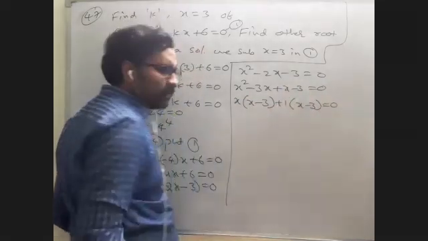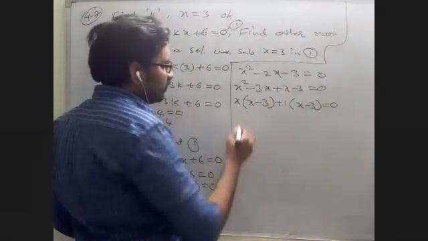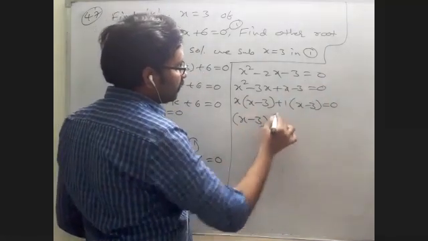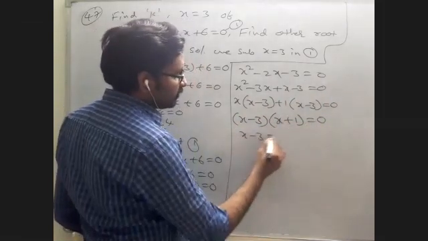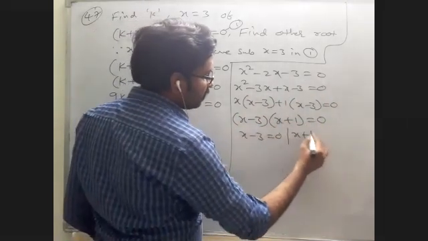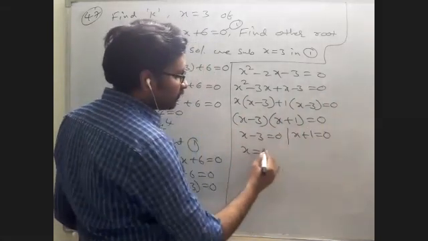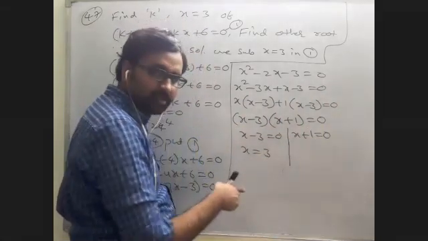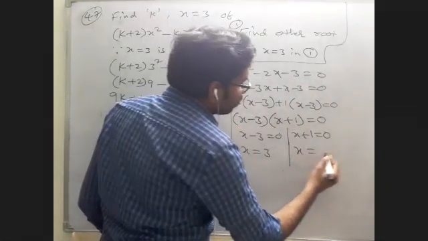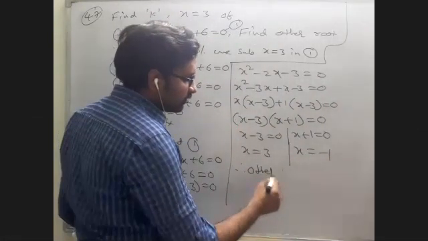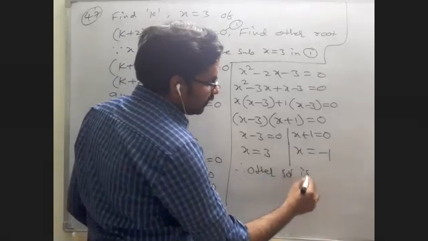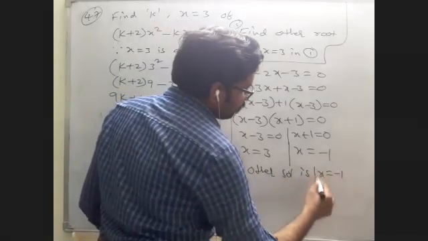We have done many sums like this already. So taking x minus 3 common, remaining x plus 1 is equal to 0. Therefore x minus 3 is equal to 0 or x plus 1 is equal to 0. Therefore one solution is 3, which we already have. Therefore the other solution is x is equal to minus 1.